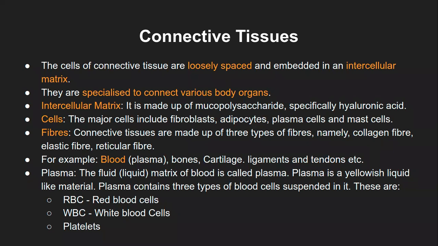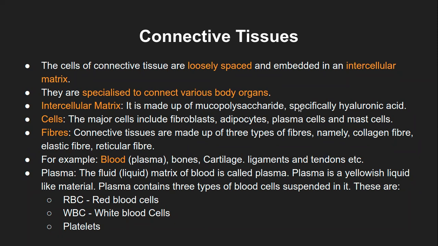So usually, that's what I said at the start. When these cells are loosely spaced, let's say one cell is here, one cell is here, and there is a certain gap in between. But the gap is there when we are not counting anything apart from the cell. When we count it as a tissue, this gap is actually filled with a fluid with certain biomolecules. These biomolecules can be like mucopolysaccharide or hyaluronic acid or certain proteins and so on.